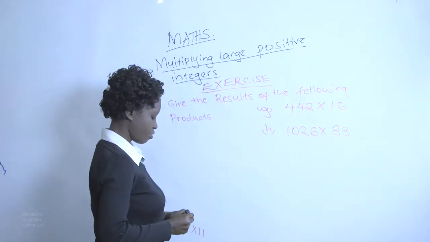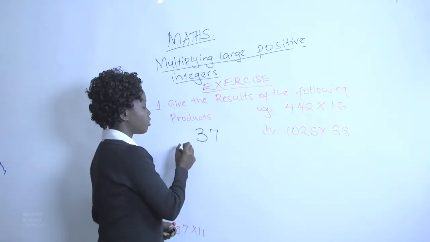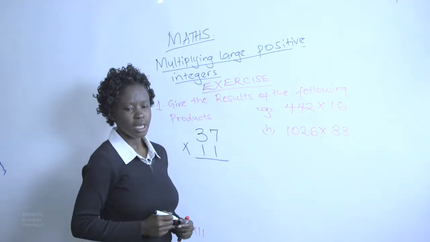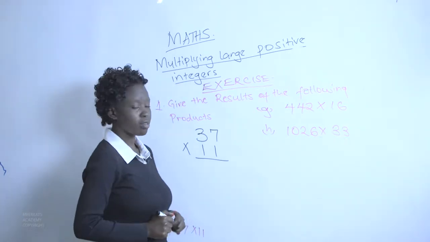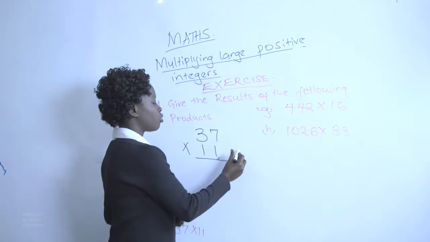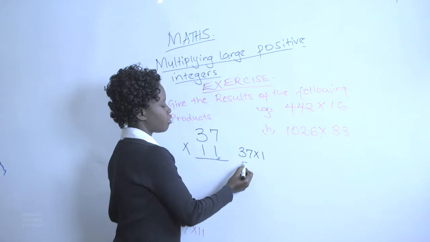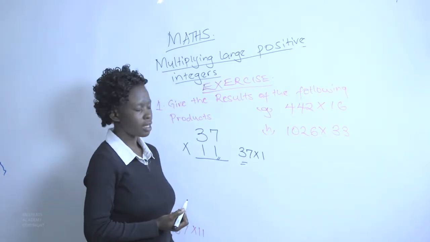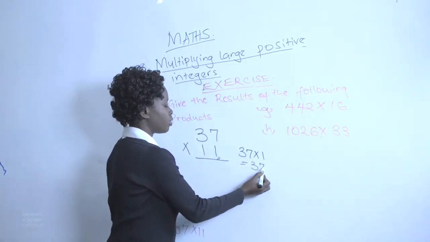Next, we have 37 times 11. We are going to use the algorithm of multiplying numbers, in that we are starting with the number in the ones place, so that we have 37 times 1, and any number multiplied by 1, you simply get that number. So 37 times 1 is simply 37.